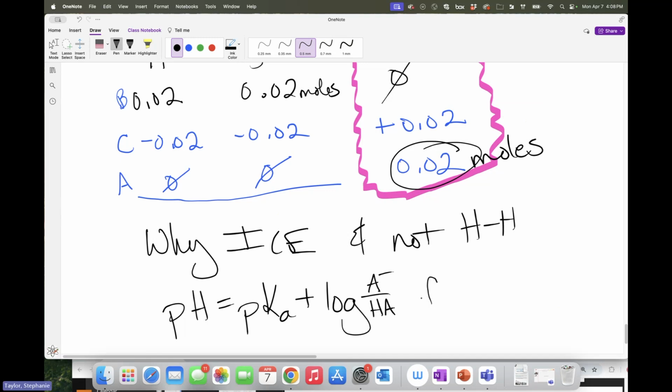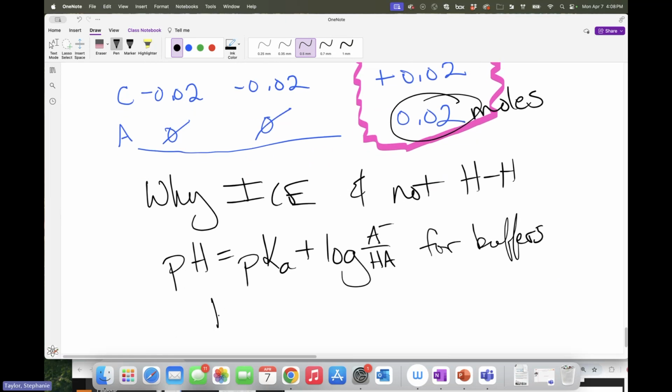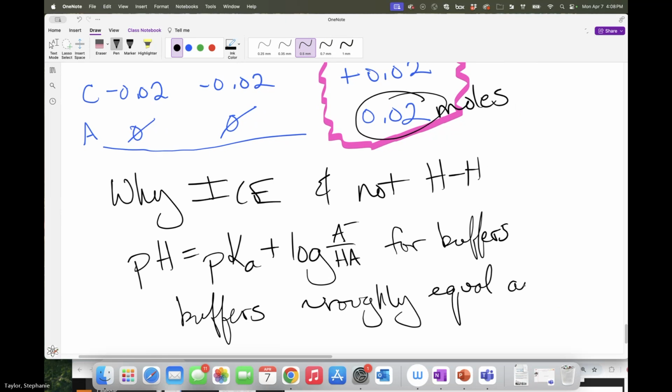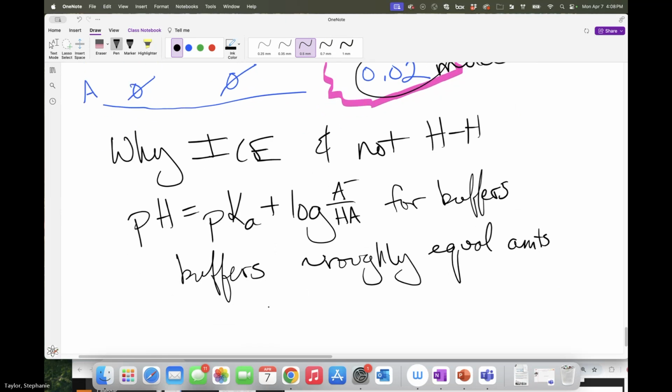This equation here is for buffers. In order for something to be called a buffer, I have to have roughly equal amounts of my weak acid and its conjugate base. So in order to use the Henderson-Hasselbalch equation, I have to have roughly equal amounts of weak acid and its conjugate base.